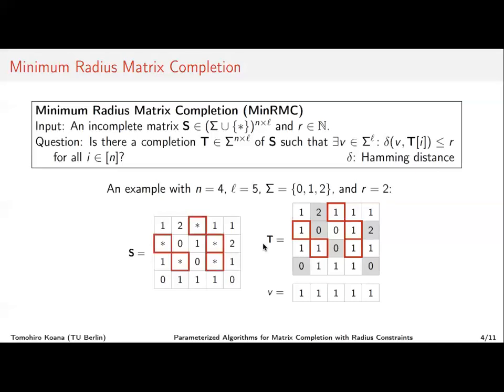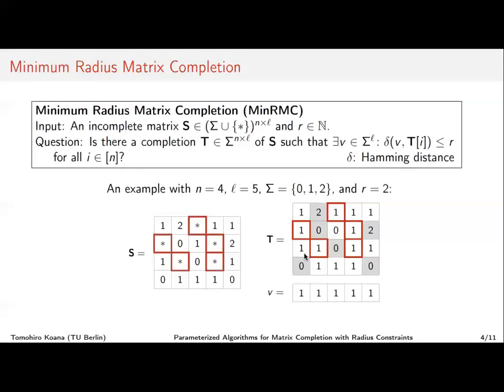To make it easier to see, I marked the cell dark if it differs from the center vector B. So for instance, the second row vector has distance 2 from B, and the third row vector has distance 1 from B. So this is one solution with r equal to 2.